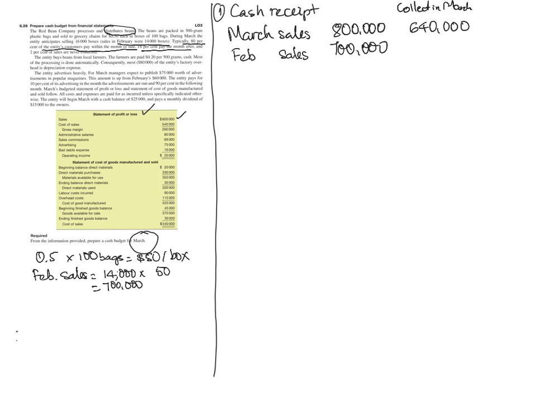So we take 700,000 times 18%, and we've got here 126,000. So the total money that we collect is 766,000. Alright, so that is the cash receipt.